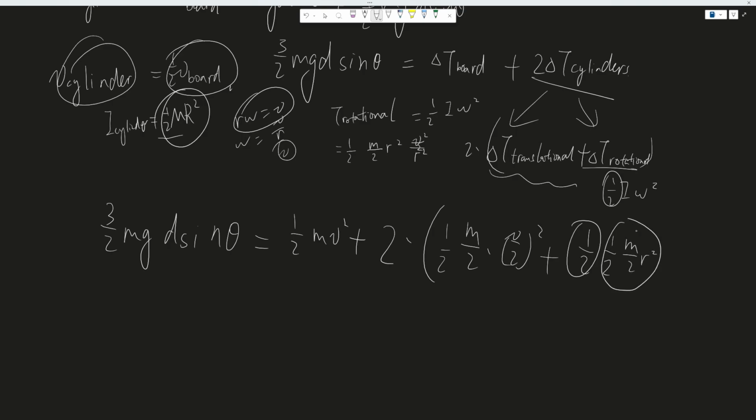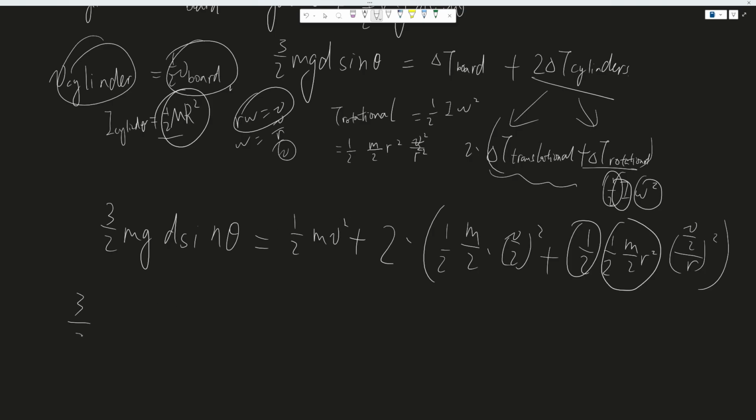And then omega corresponds to v/2 over r, squared. Why v/2? Because we just said that the velocity of the cylinder is half the velocity of the board, and since the velocity of the board is v, the velocity of the cylinder must be v/2.